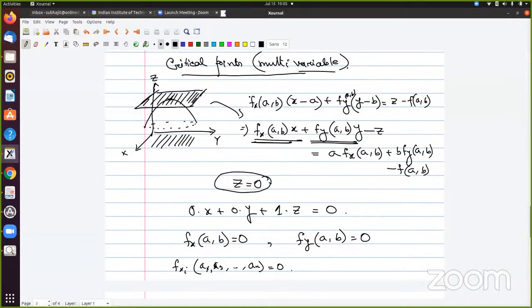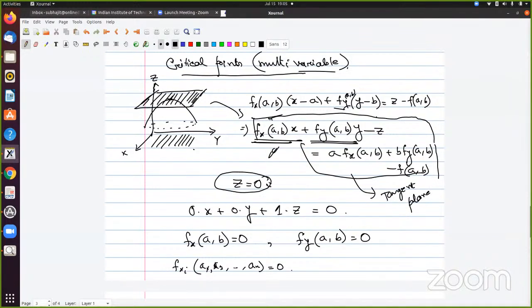Here you need your tangent plane to be parallel to the xy plane. Z equal to 0 is your xy plane. Now what is the equation of your tangent plane? This is the equation of your tangent plane, which involves the gradient. These two planes should be parallel.